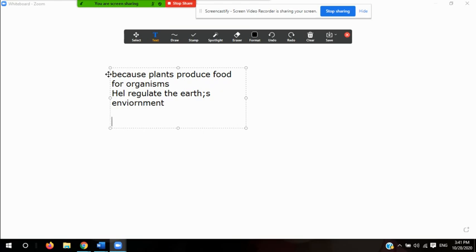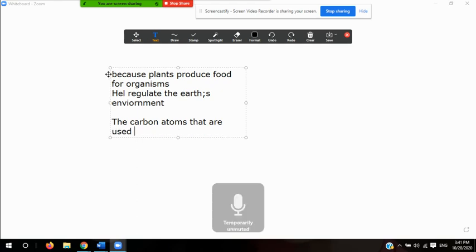And more specifically, the carbon atoms that are used to make sugar come from carbon dioxide gas in the air.